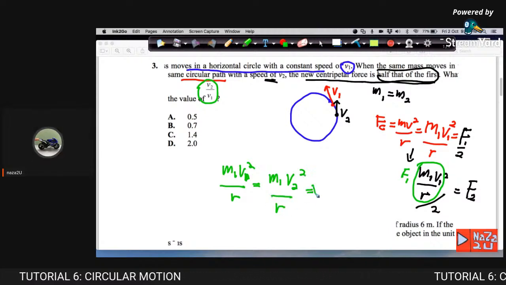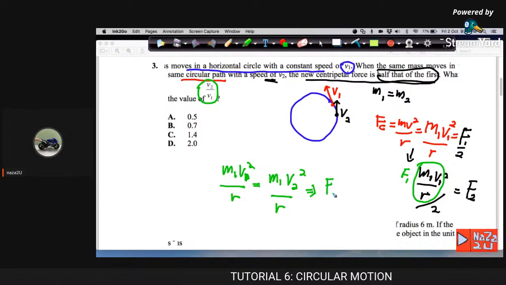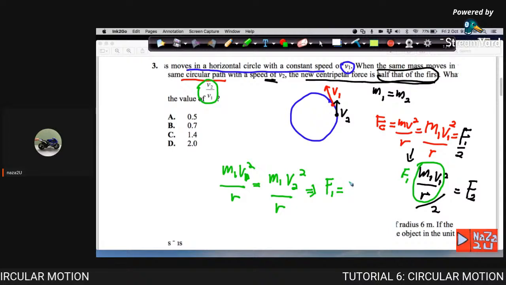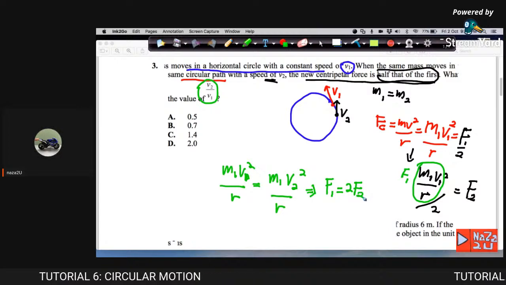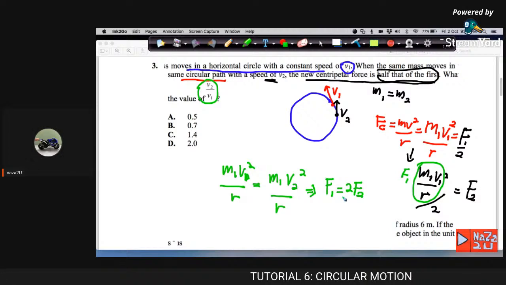For the ratio of the forces, F1 is equal to 2 times F2.